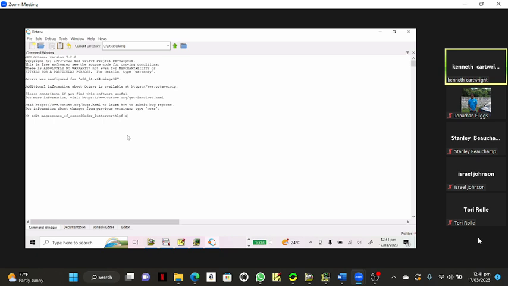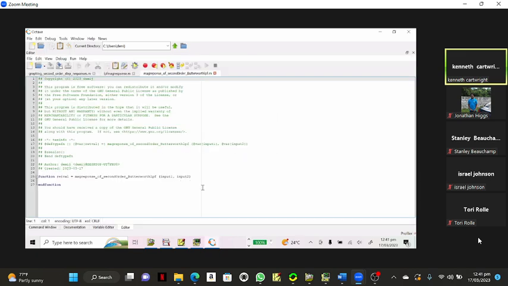And then, of course, it's going to say it doesn't exist. Do I want to create the file? Yes, I want to create it. Okay. And so that brings up the editor screen.